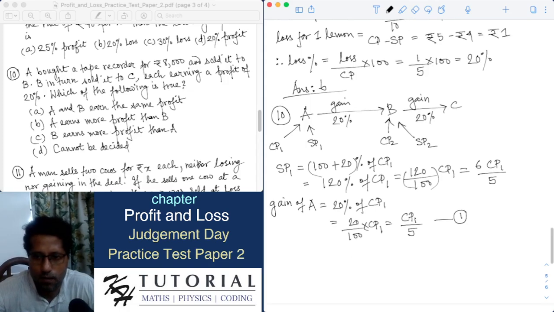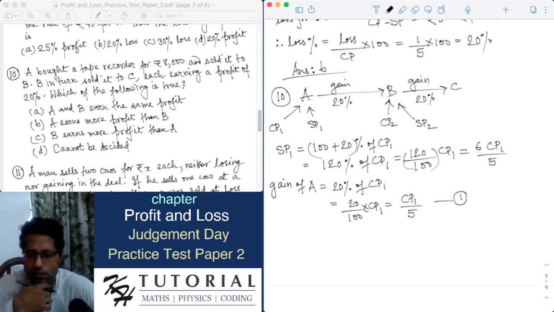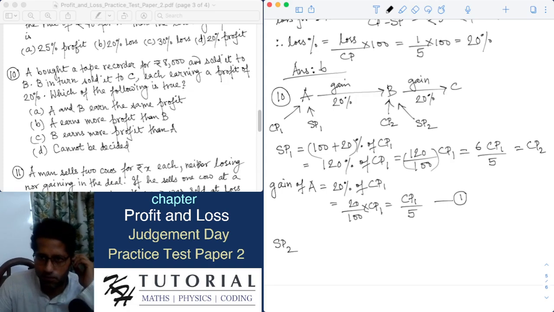Now, the selling price of A is coming to be 6 CP1 by 5. So SP1 is also equal to CP2, that is the cost price for B, because B is purchasing the tape recorder from A. Now B is also selling it to C for a gain of 20%.